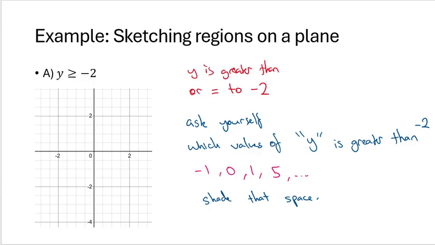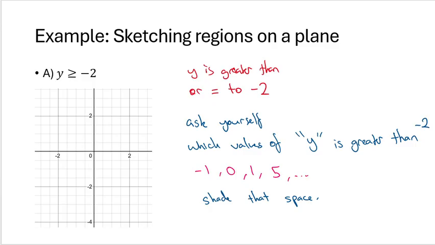Okay. So I've sort of done this already. I've written it down already just to make my life a bit easier. So you're given the inequality, okay, you got y, whatever the inequality is, -2. You just got to break down the inequality, okay? So when you say it out, it's y is greater than or equal to -2.